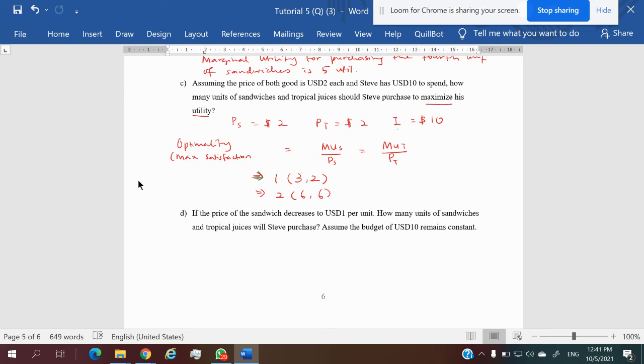Yes, we have to look at our budget line. When we look at the budget line, we only have $10 to spend.